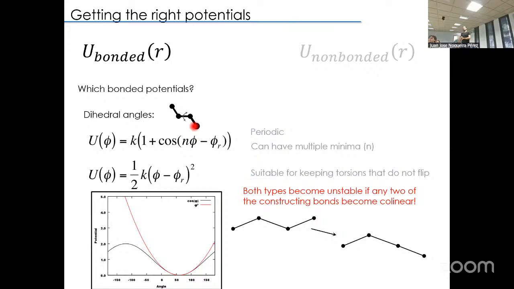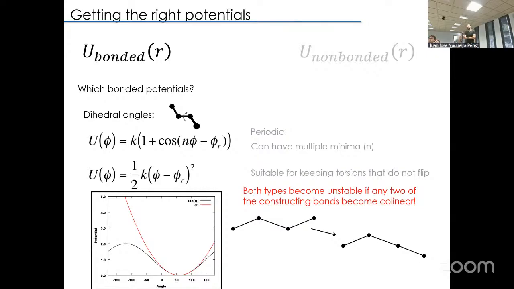So one thing is the torsion angle, but now we're talking about just the bending angle here. If this bending angle or this bending angle becomes collinear, there's a term that crops up in 1 over sine of this angle, and that will diverge to infinity because sine of 180 is 0. So the force is going to diverge.